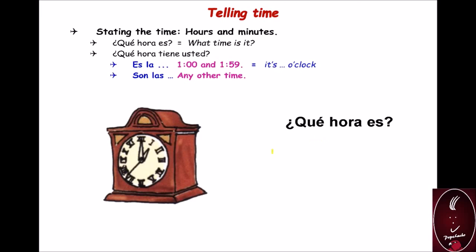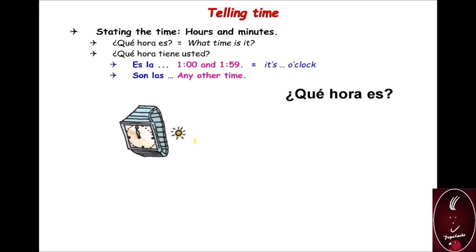¿Qué hora es? Es la. To express the time on the dot, or o'clock, we use es la 1 en punto. ¿Qué hora es?